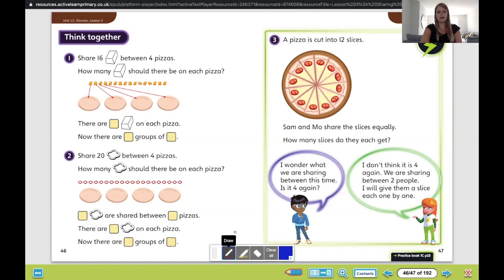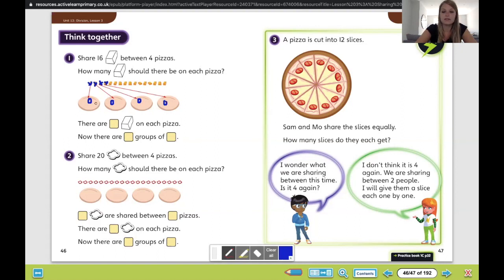So I'm going to get my pen and I'm going to share them equally by putting 1 piece of pineapple on each pizza at a time. 1 here, 1 here, 1 here, and 1 here.